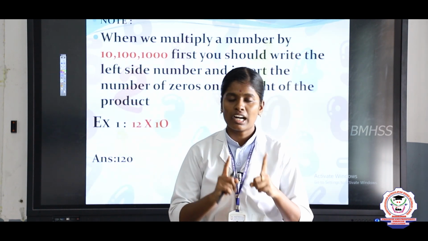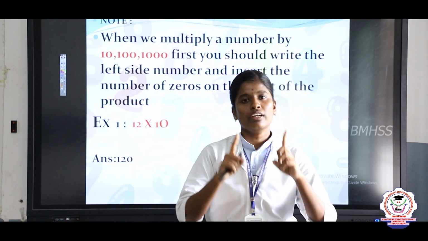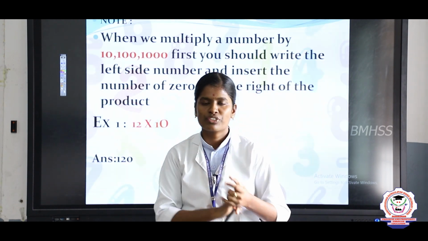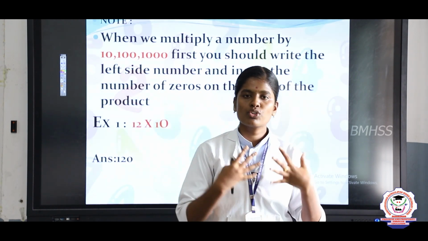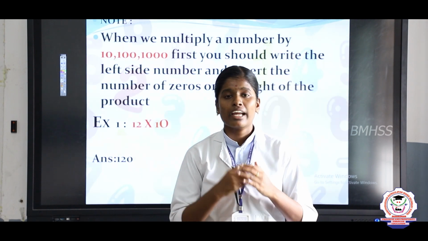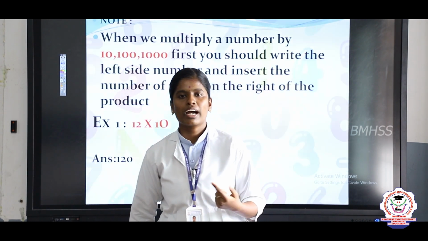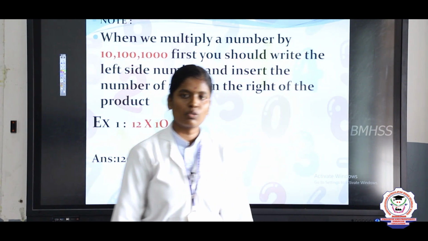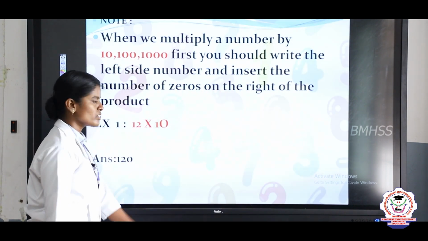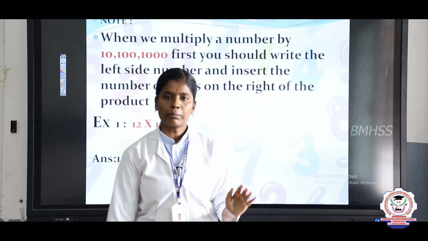So when you multiply by 10, 100, 1000, first simply take and write the question. Whatever question they have given, take and write. Then insert 1 zero means by 10, 2 zeros means by 100, and 3 zeros means by 1000.